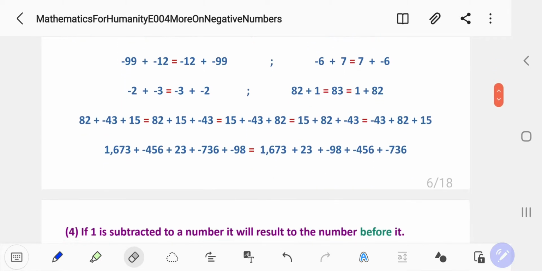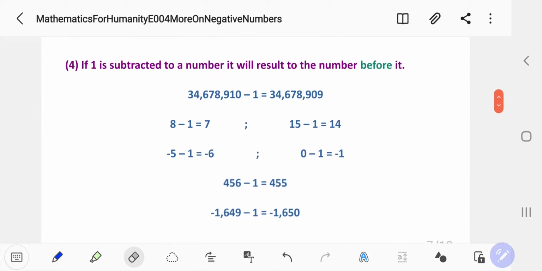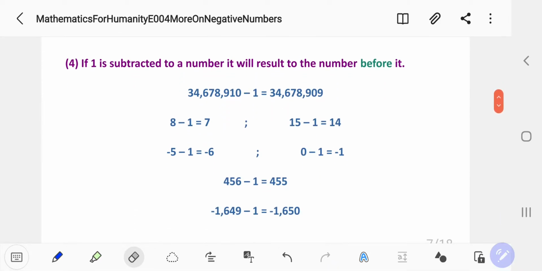Now let's go to the next rule. So here, if 1 is subtracted from a number, it will result in the number before it.